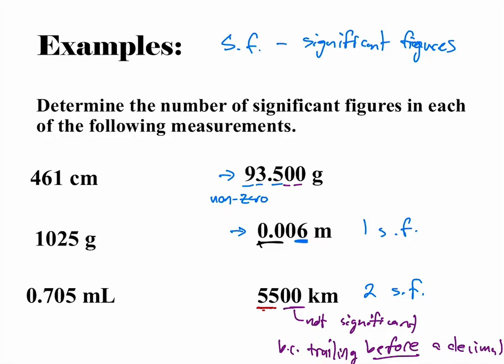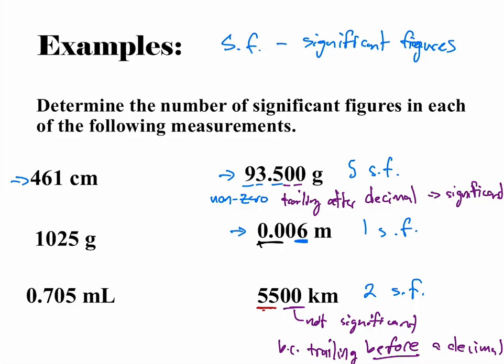They're after the decimal place, which means they're significant. My handwriting is actually terrible today. So this is going to have 5 significant figures.